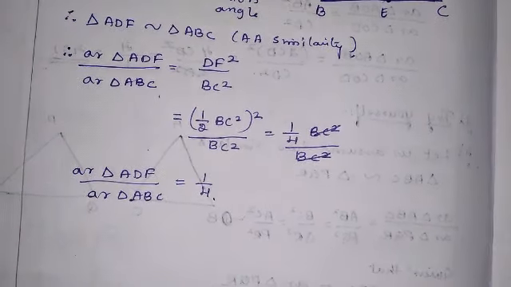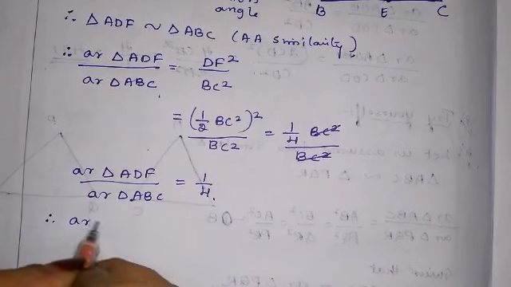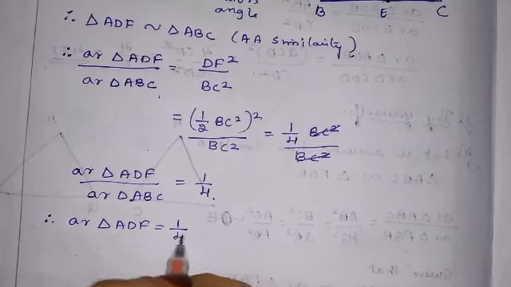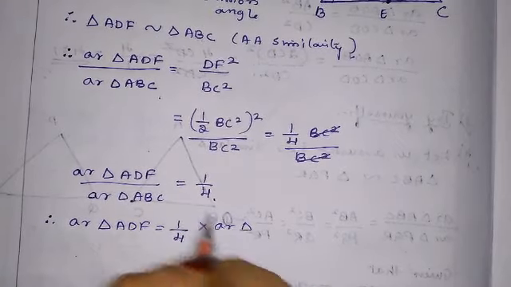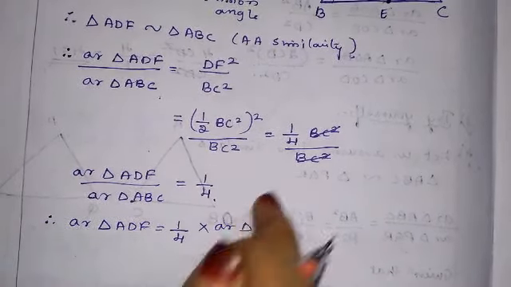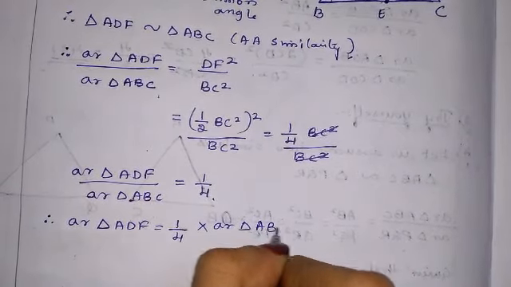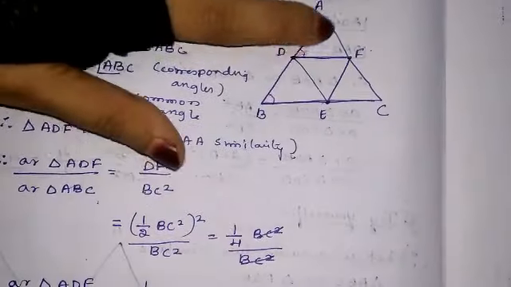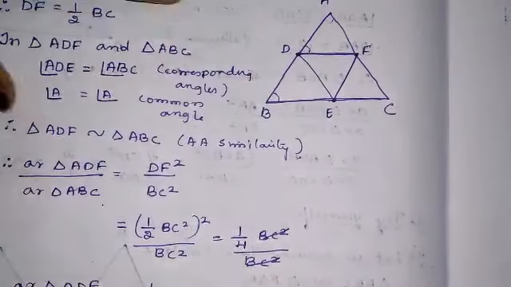Therefore, area of triangle ADF is equal to 1/4 of area of triangle ABC. If I bring this side, divide will become multiply, right? Similarly, this triangle is 1/4 of ABC.